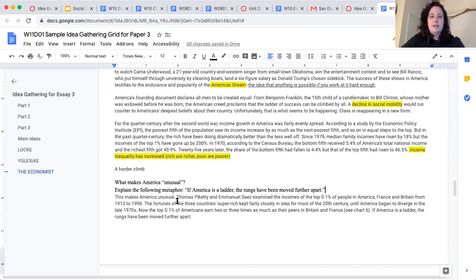This makes America unusual. So, all right, what makes America unusual? So what we can see is that America began to diverge. So America has the increased gap between the wealthy and the poor. If America is a ladder, the rungs have been moved farther apart.